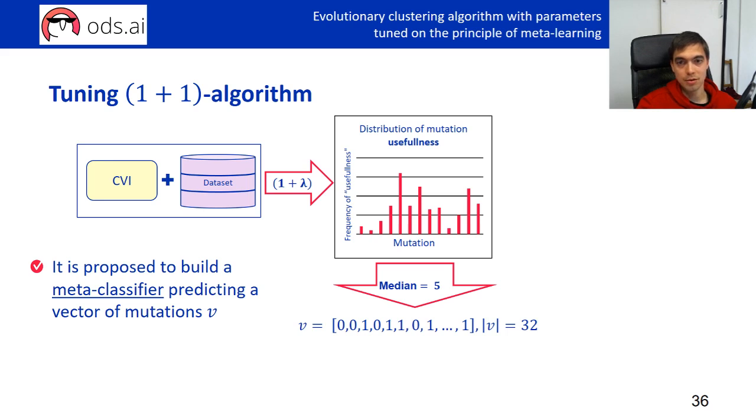Based on that, we built a binary vector of mutations recommended for use in each situation. So we should predict this vector for each dataset.